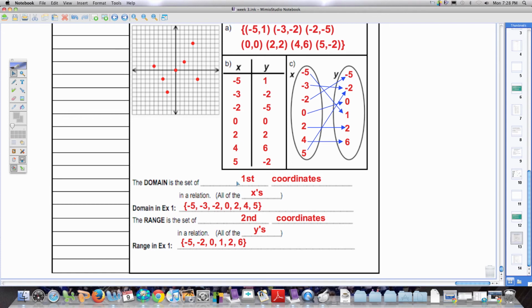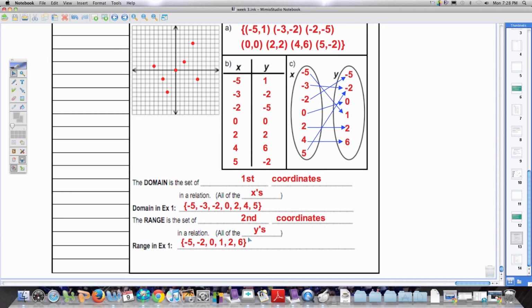You just have to put all the numbers that are in that x column, that are your x values in that relation. All right? So domain is x.